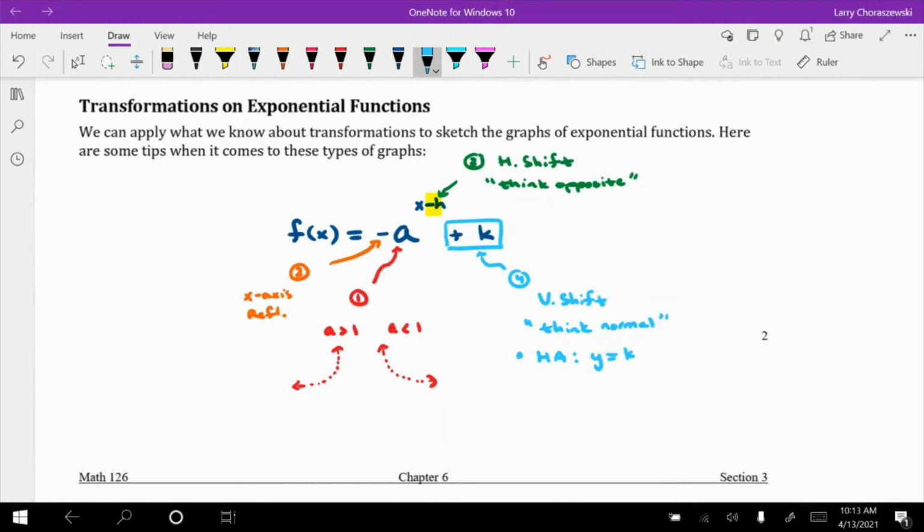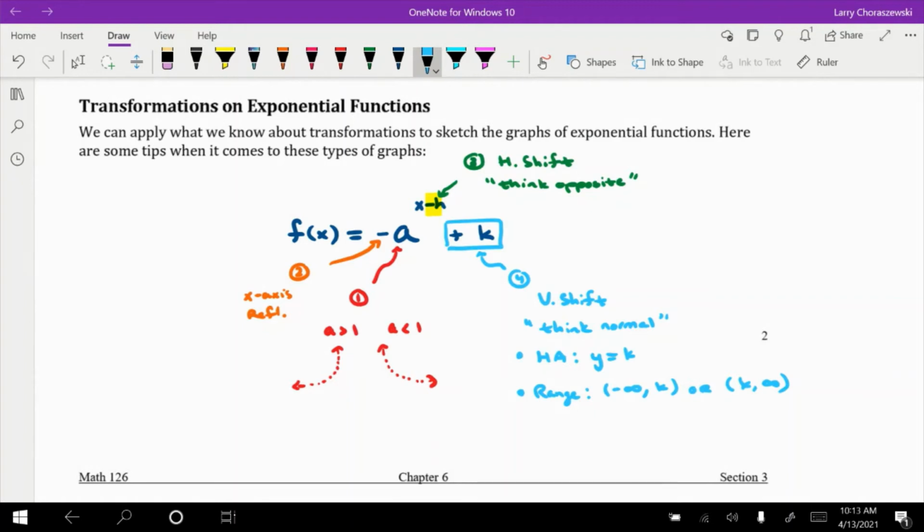The horizontal asymptote is going to be y equals the value of k. And then for the range, it's going to be one of two things. The range will either be negative infinity comma k, or parentheses k comma infinity.